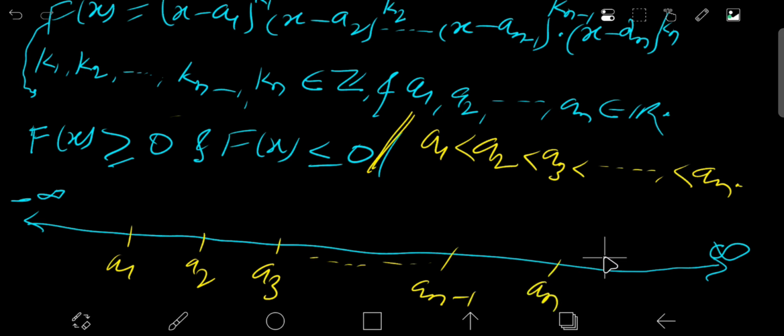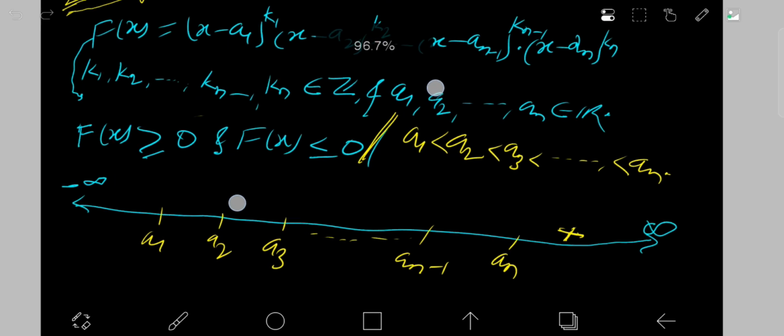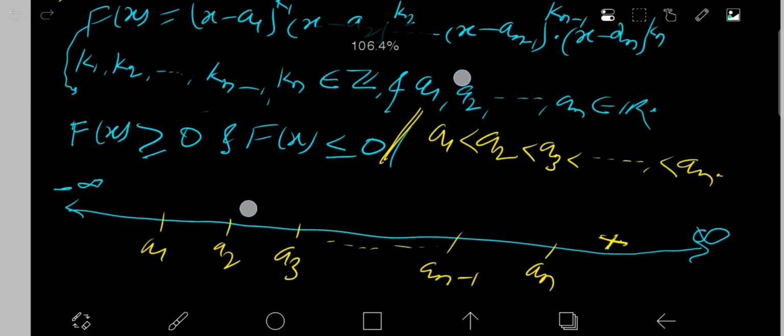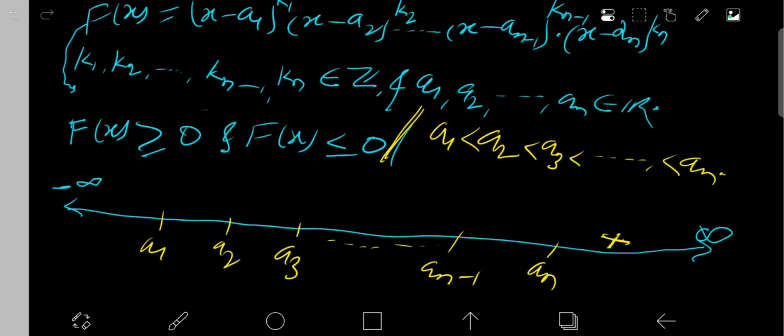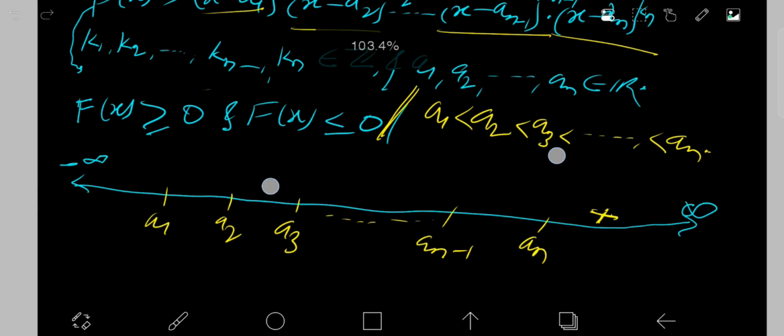Now firstly in the rightmost interval, an to plus infinity, we put the positive sign. And here we see the exponent of an. What is the exponent of an? The exponent of an means this factor, an; for this factor, an minus 1; and for a1 and a2, these factors here, okay.